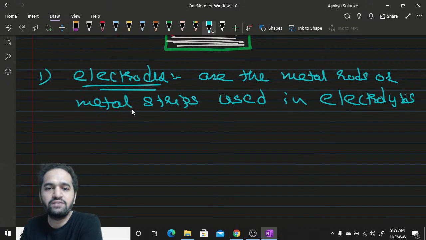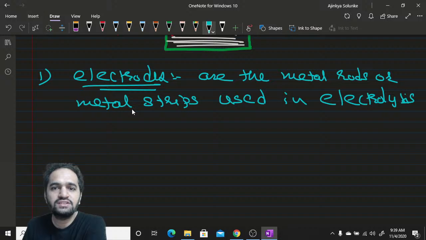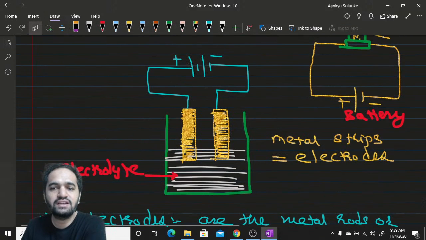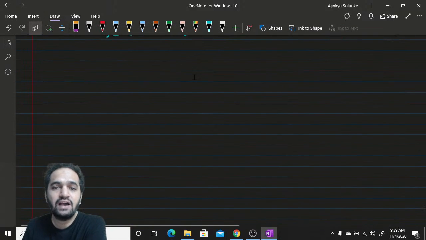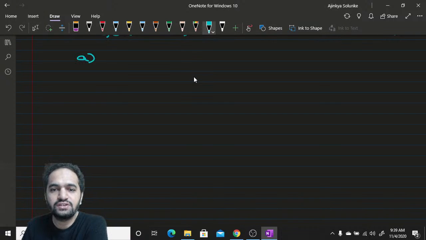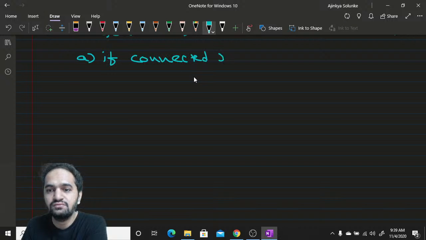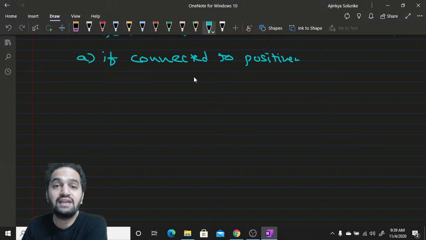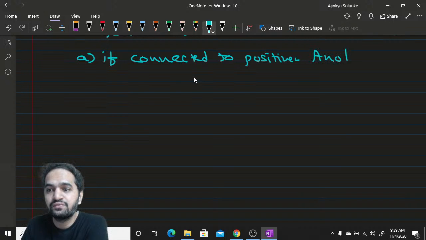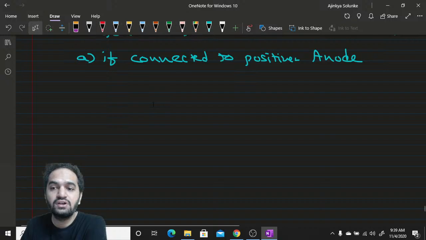But we already know one is connected to positive and one is connected to negative, correct? And we have names for it. If the terminal is connected to positive, then that particular rod is called anode.